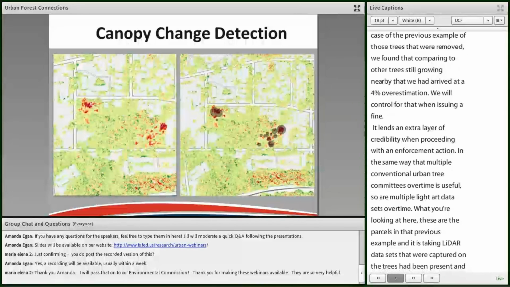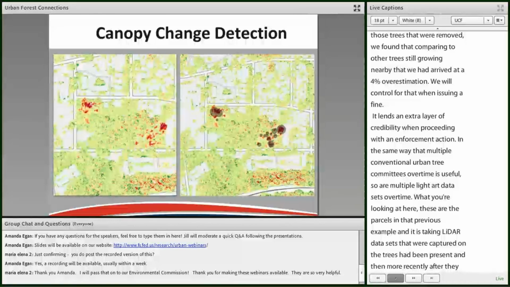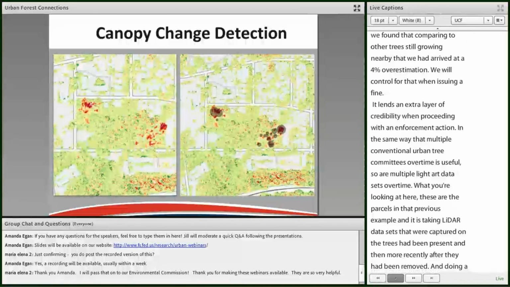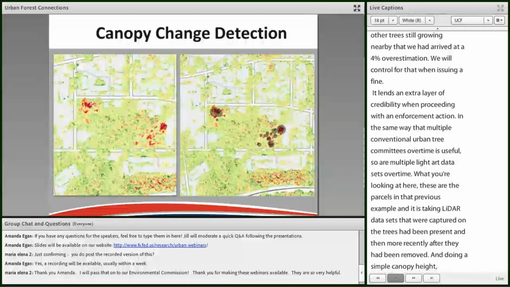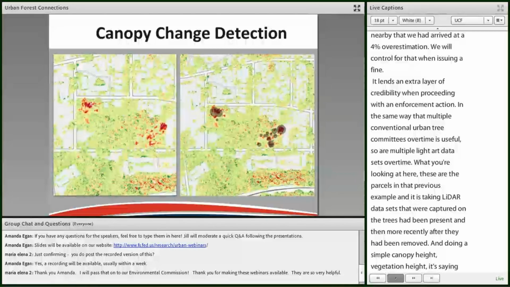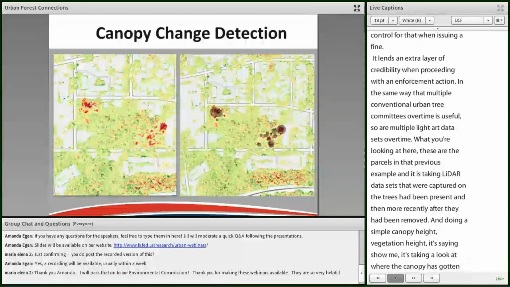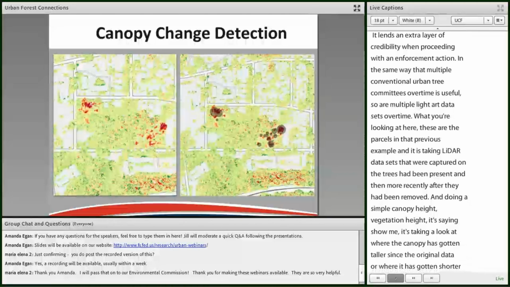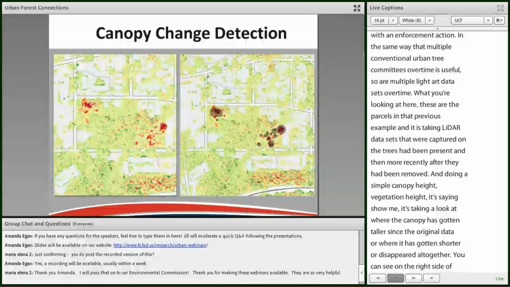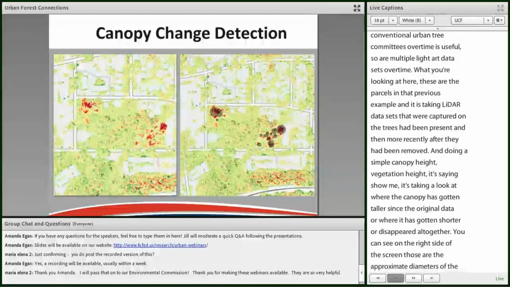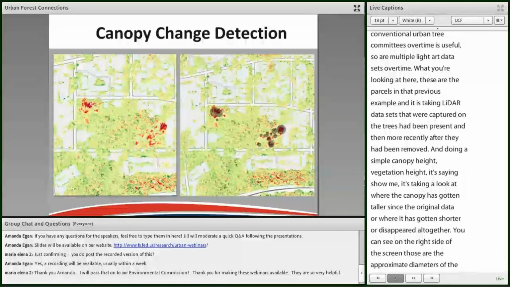And then it's doing a simple canopy height, a vegetation height. Now it's doing a change detection analysis, and it's taking a look at where canopy has gotten taller since the original data, or where it's gotten shorter or disappeared altogether. And you can see on the right side of the screen, those are the approximate diameters of the trees that had been removed. So it's a very compelling approach to identifying what has gone missing.